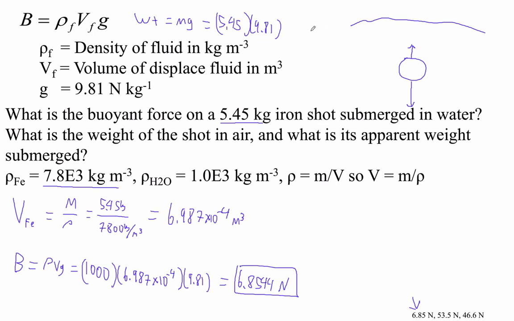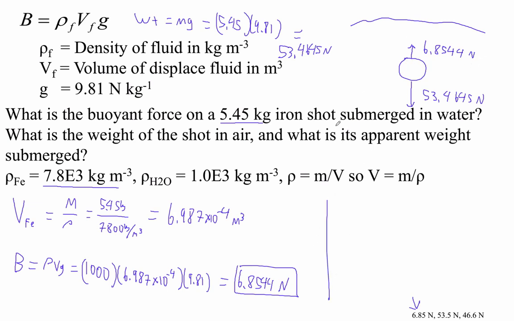All right, this is 53.4645 newtons. So this downward force is 53.4645 newtons, right? This upward force is 6.8544 newtons approximately, right?